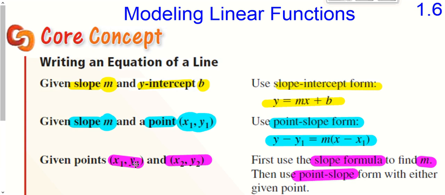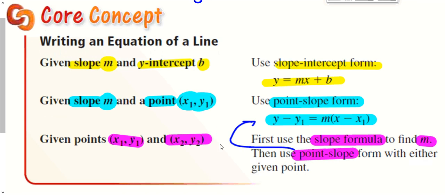So you can use the x1, y1 or x2, y2, but you're going to go back up and use that point slope form that's up here. All right, so if you don't recall, your slope formula is m equals y2 minus y1 divided by x2 minus x1.